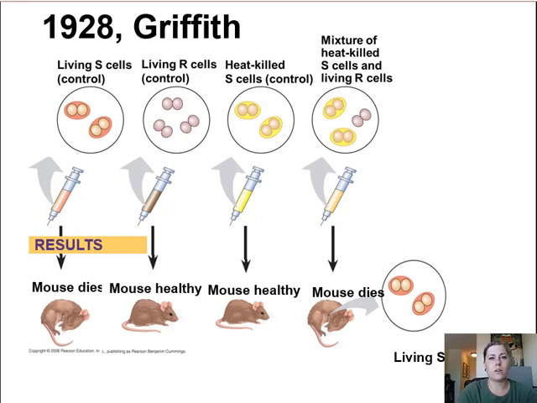However, a very, very unexpected result occurred whenever he mixed some heat-killed S cells, so the pathogenic version, with some living R cells. So he mixed them up, put those in the mice, and they died. So what happened?